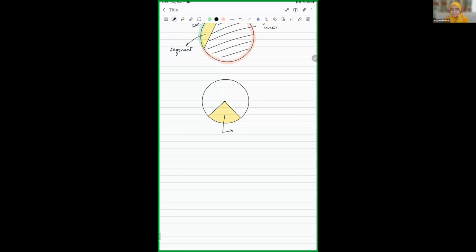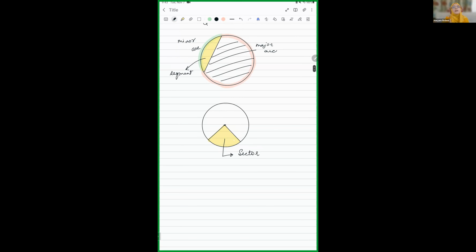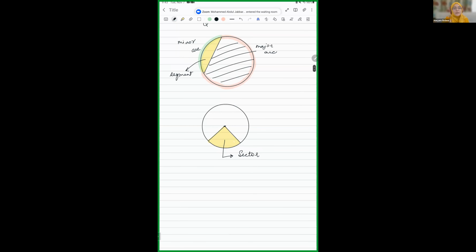It looks like a pizza slice. What is it called? It's a sector. So this is the minor sector, this is the major sector, right? A sector looks like a pizza slice. A segment is made due to a line segment, a chord. So that is the difference.